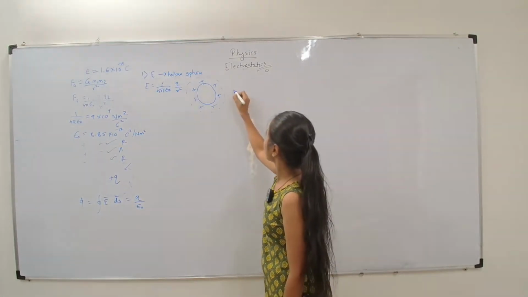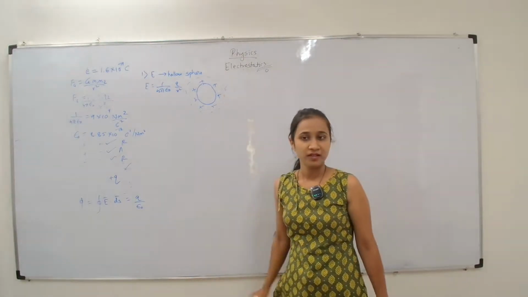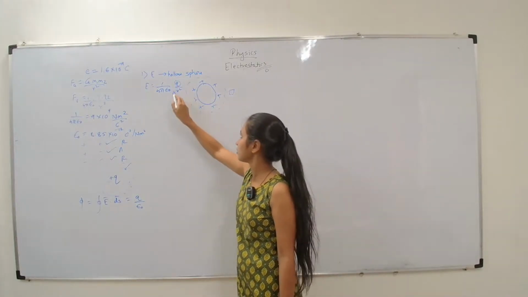Suppose we are taking a particular point, let's say P, and its distance from the sphere is smaller. Then electric field intensity at any point is 1 upon 4 pi epsilon naught Q upon R square.